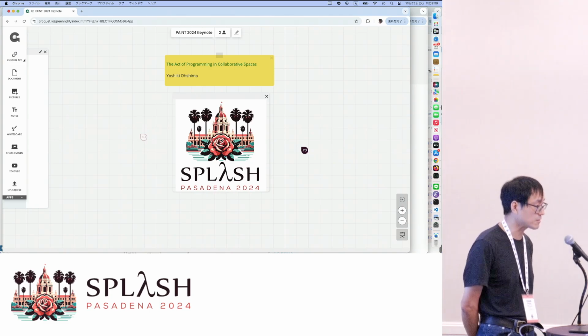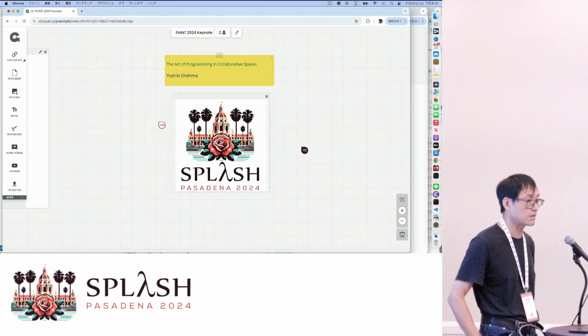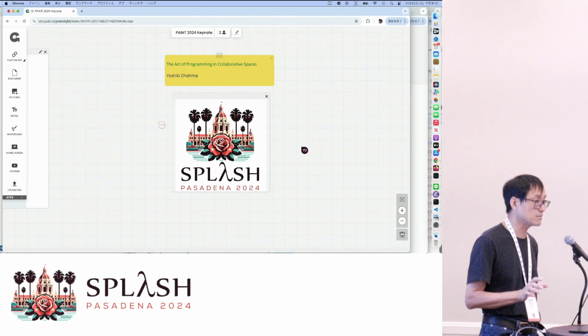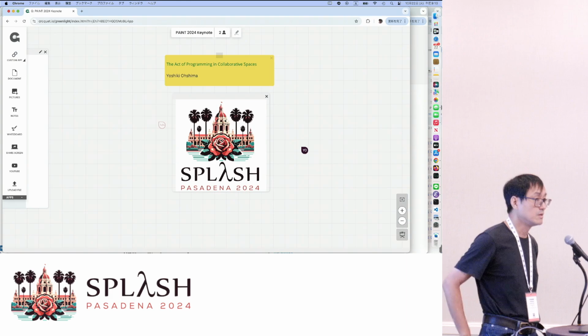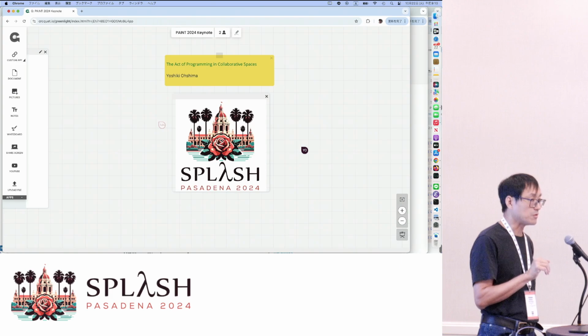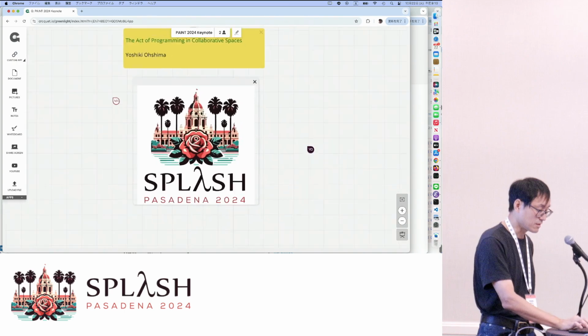I'm a computer guy, and my projects tend to be interactive, visual, collaborative, end-user-oriented, and live programmable. So my research interest basically overlaps significantly with the area that paint covers, no pun intended.